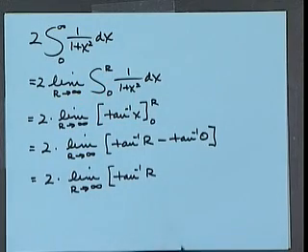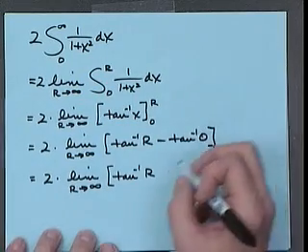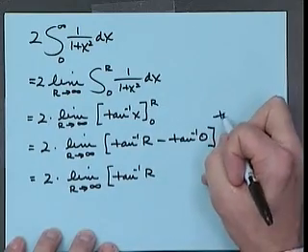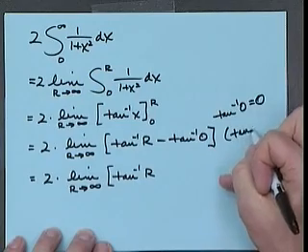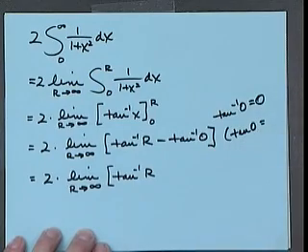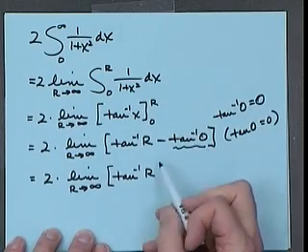Tangent of something equals 0. What angle can we take the tangent of and get 0? 0, right? Isn't the tangent of 0 equal to 0? So this itself is 0. Why? Because the tangent of 0 degrees or 0 radians is 0. So this disappears.